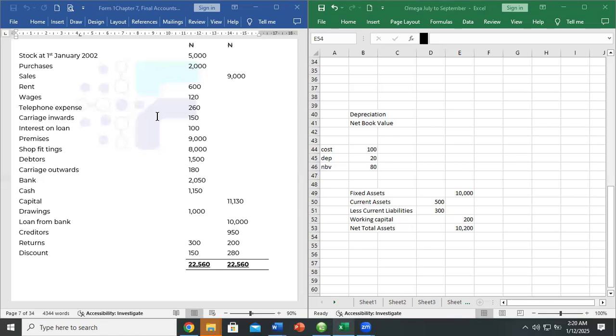The reason why we only less the current liability from the current asset is because we want to compare current assets with current liability. So the long-term liability should not be part of that. The long-term liability is added to the capital because it is also a source, a way we get money to finance a business.